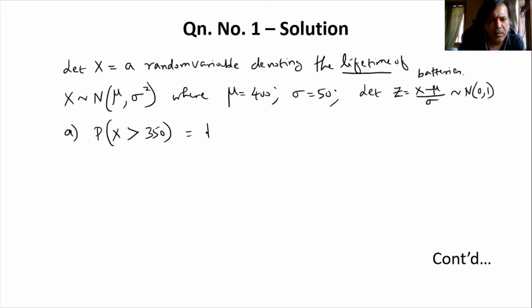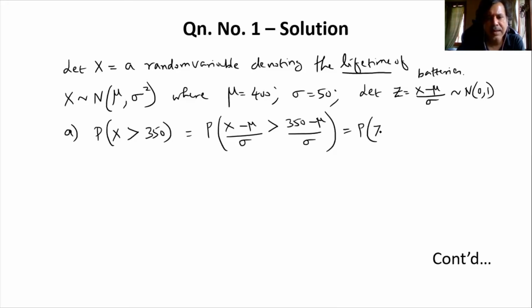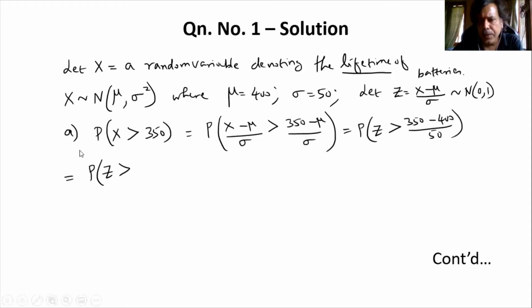So we subtract mu from both sides and then divide both sides by sigma. Now I can write (X minus mu) by sigma as Z, and mu is 400 and sigma is 50. So this can be written as probability of Z greater than (350 minus 400) by 50, which is minus 50 by 50, that is minus 1.